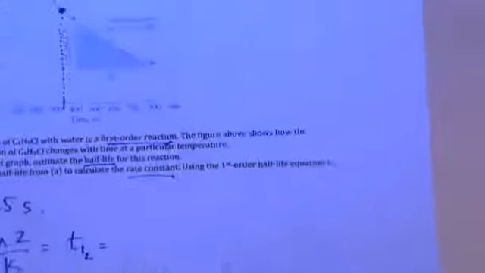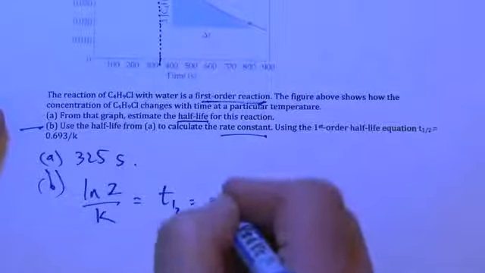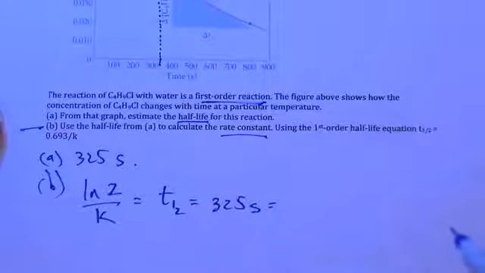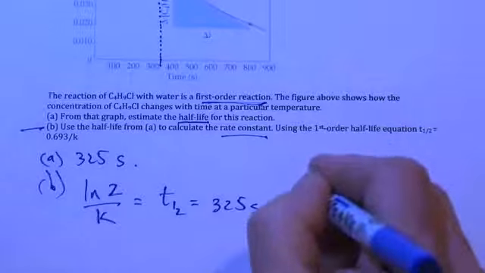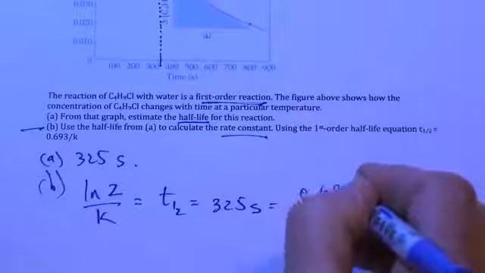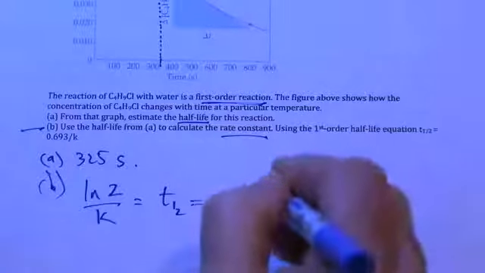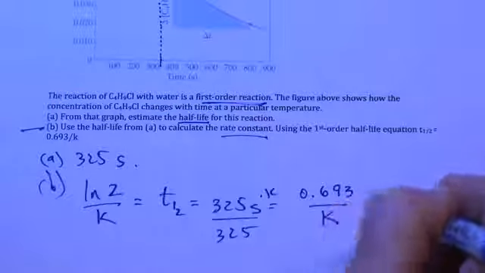And we know that the half-life is equal to 325 seconds, and this is equal to 0.693 divided by k. So I'll multiply both sides of the equation by k and divide both sides by 325.